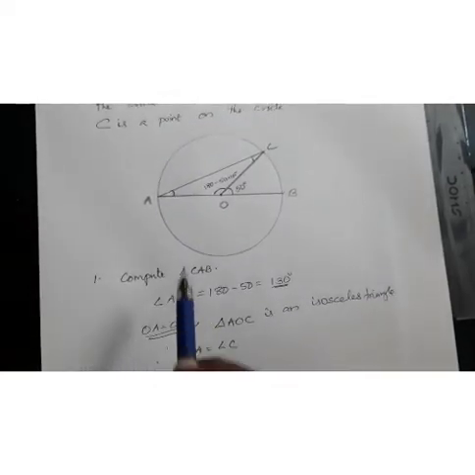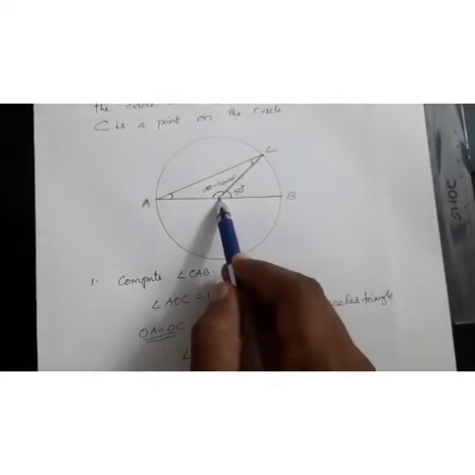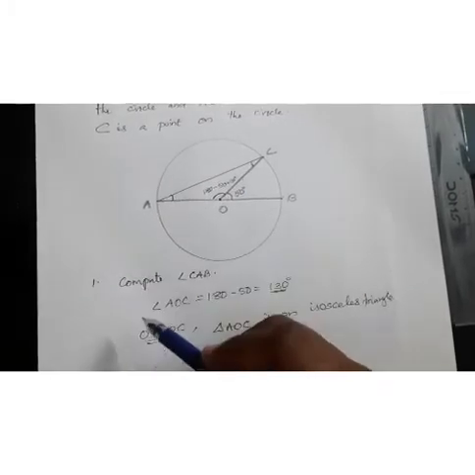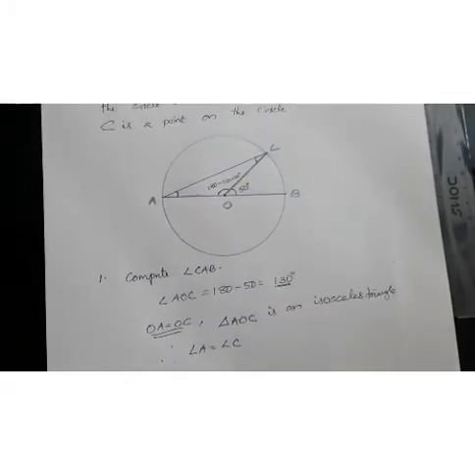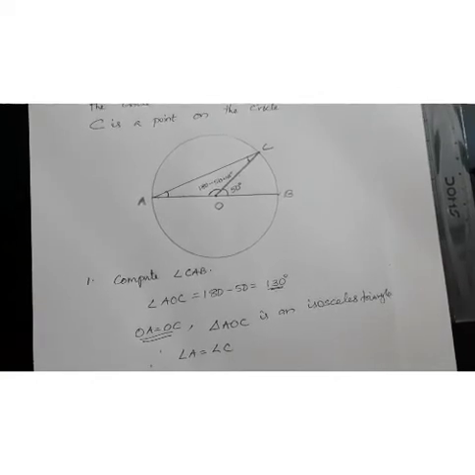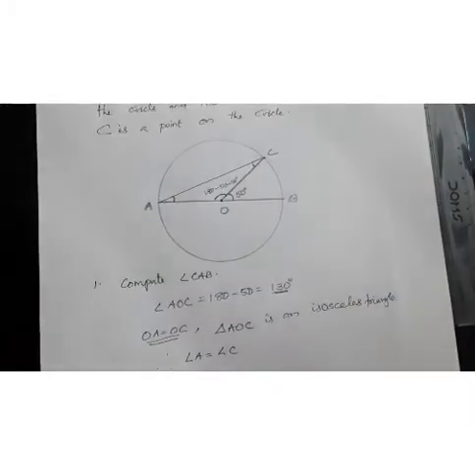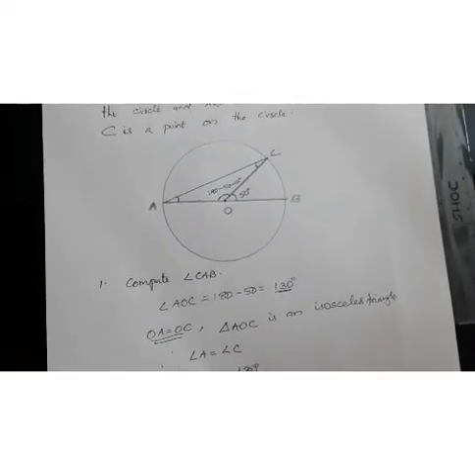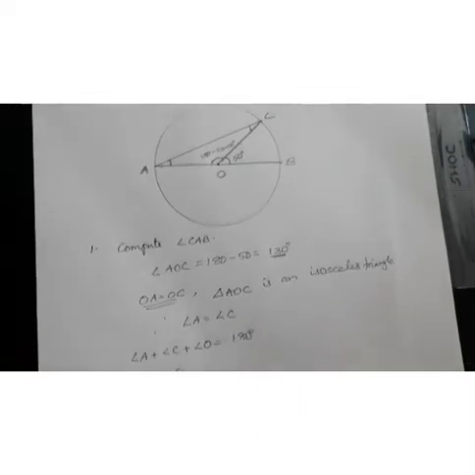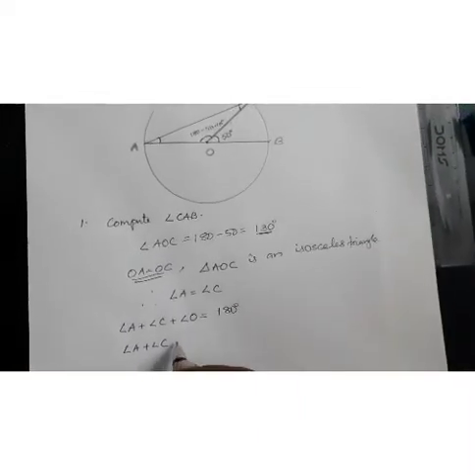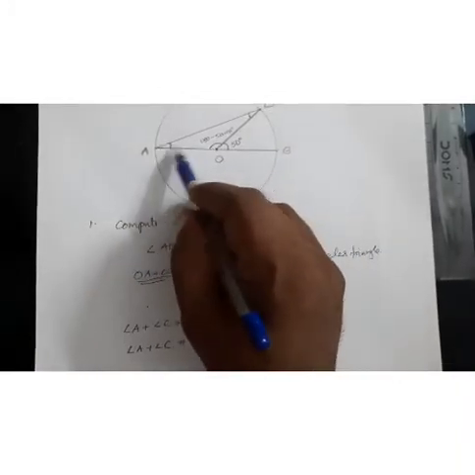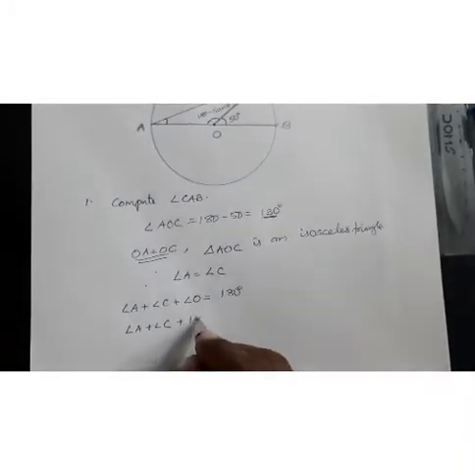Then this angle is already given, 130. You have to find out the other two angles. The sum of angles is how much? 180. So angle A plus angle C plus angle O, angle O means AOC, is equal to 180 degree. Out of that, angle A you have to find out, angle C you have to find out, angle O is given, that is AOC is given as 130 degree.